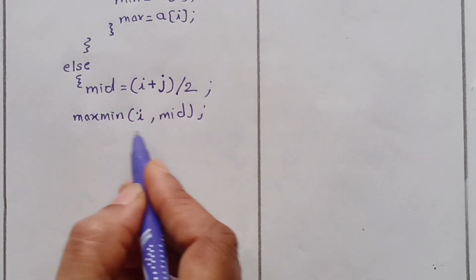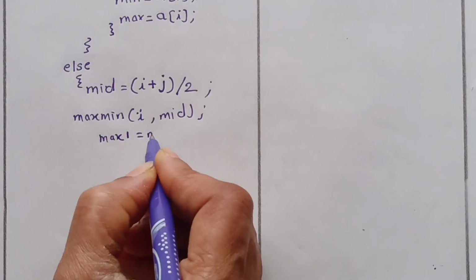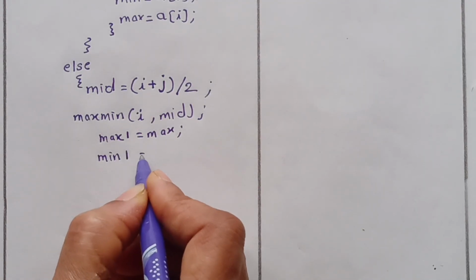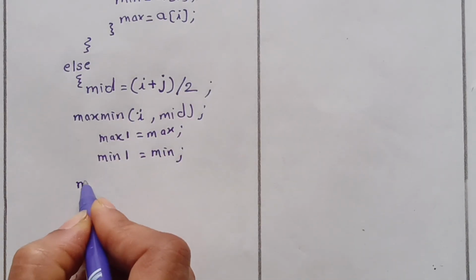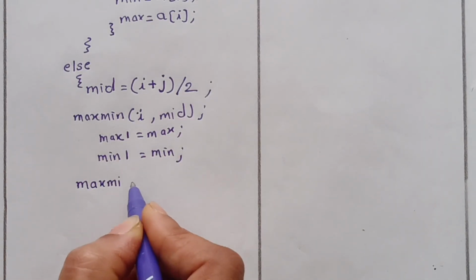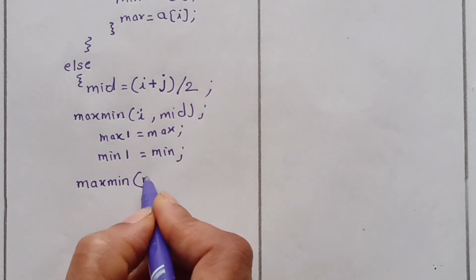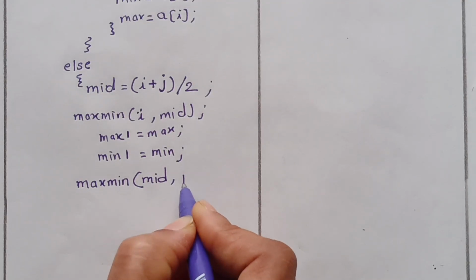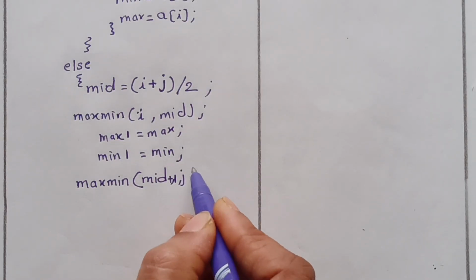After finding the minimum and maximum, you have to store the maximum value in max 1 and the minimum value in min 1. In the same way you call the function for the remaining right side array elements. It will start from mid plus 1 till j.